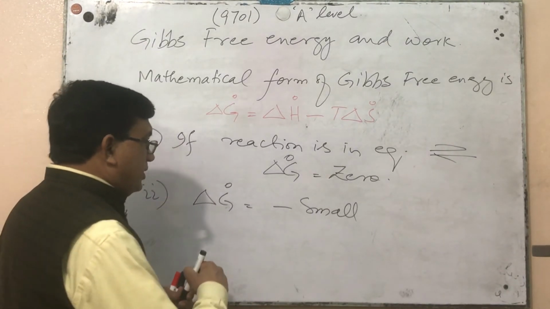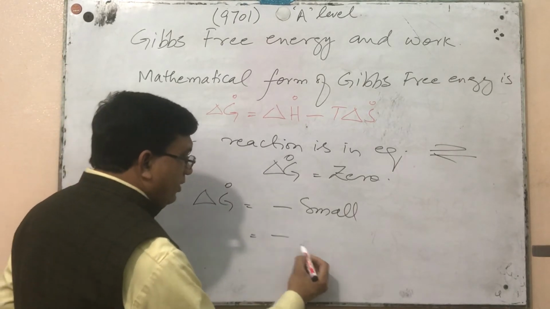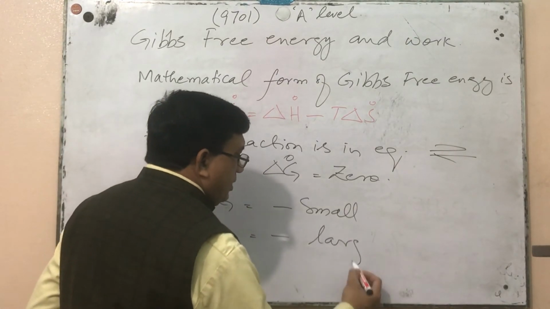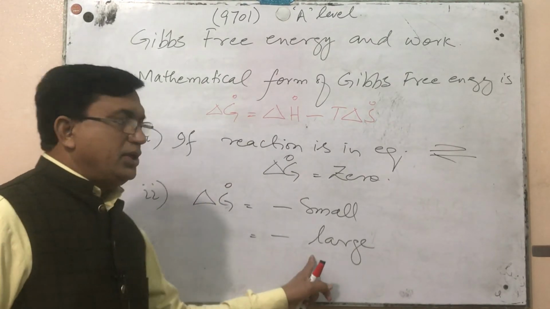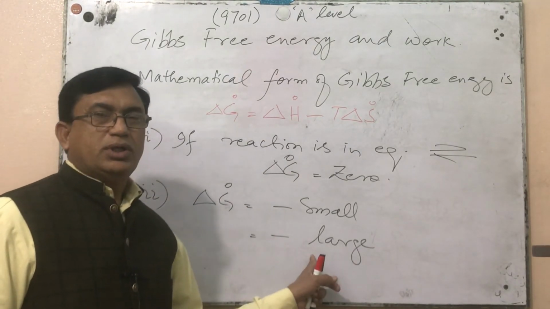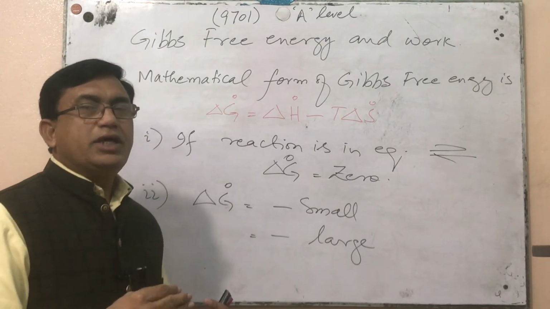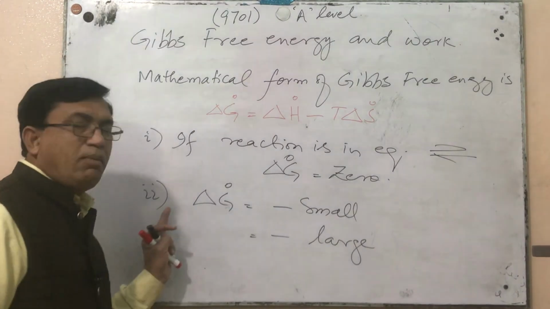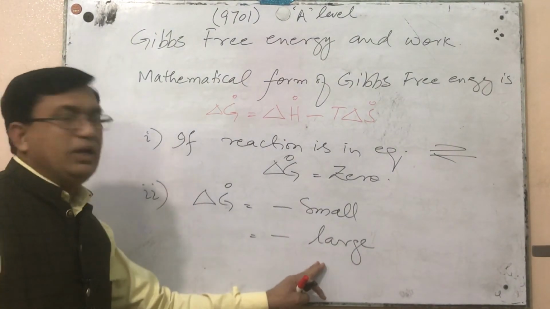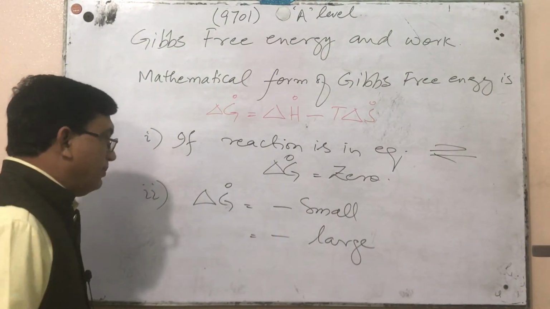And if the delta G naught is negative large, then it indicates that the reaction is almost complete and the reactants have shifted into products, with no sufficient amount of reactants left behind.